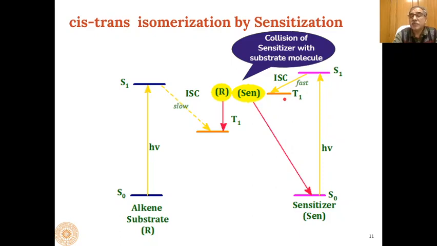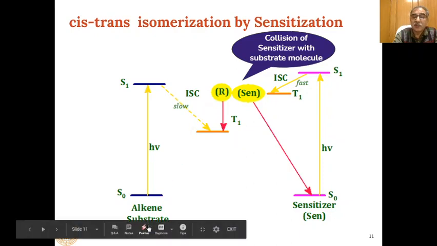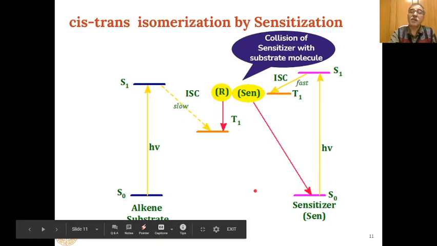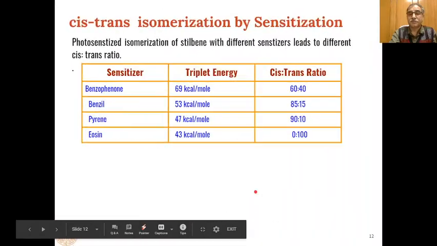In the triplet state the sensitizer collides with the substrate molecule, that is, the alkene. Through this collision the alkene substrate becomes excited, then undergoes relaxation and gets converted into the less stable cis alkene from the trans alkene. So this is the process of sensitization in cis-trans isomerization reactions.